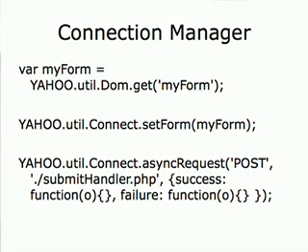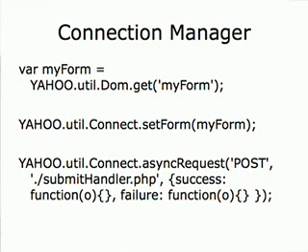And so now you can call async request against Connection Manager, and it will automatically use that form's data to send the post. And in this case, we're going to call a PHP script called submitHandler. And the idea here is that for Connection Manager requests, there are going to be same domain requests.